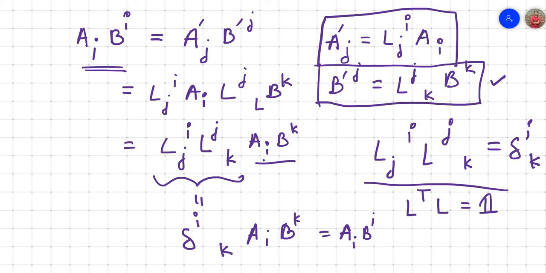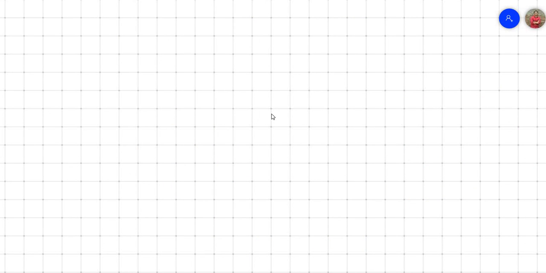Notice that transformation rules like this can be associated solely to the position of the indices. So we will further confer that each contravariant index transforms like this, and each covariant index transforms like this. Therefore, the metric tensor g_ij, notice that I've written i and j to signify that both of these indices indicate spatial coordinates only.